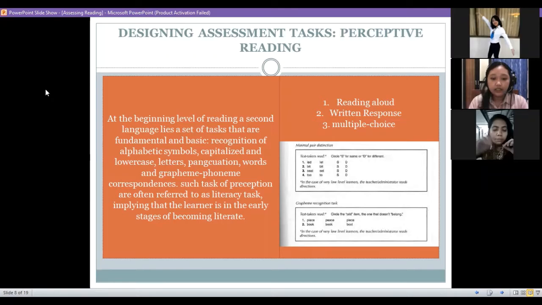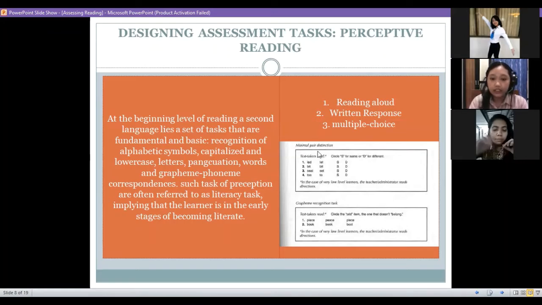Such tasks of perception are often referred to as literacy tasks, implying that the learner is in the early stage of becoming literate. We have three. The first one is reading aloud, the second one is written response, and the third one is multiple choice.